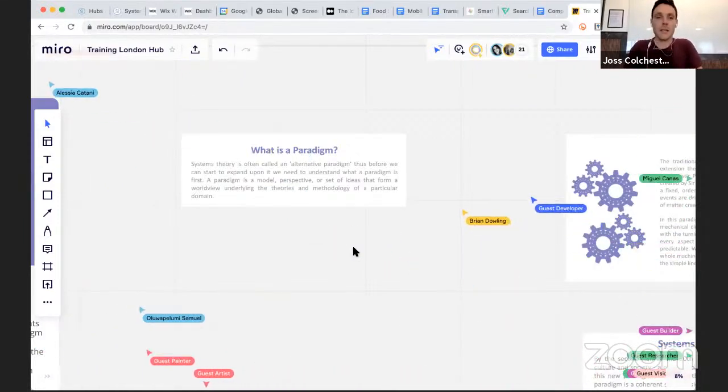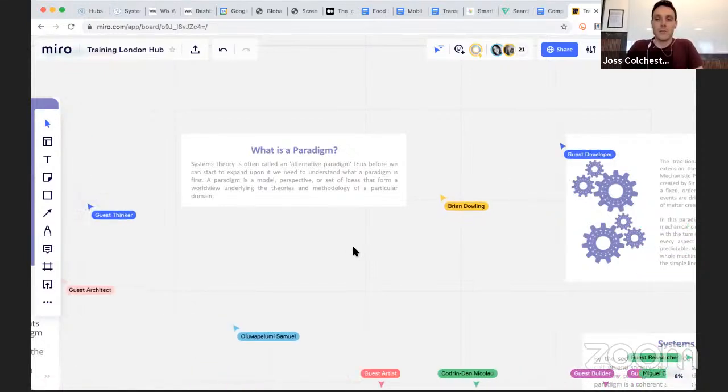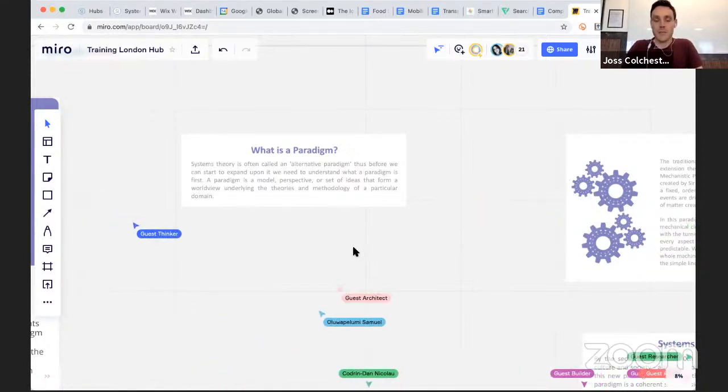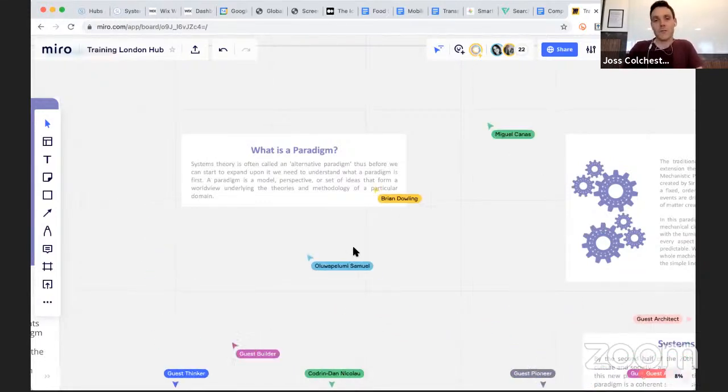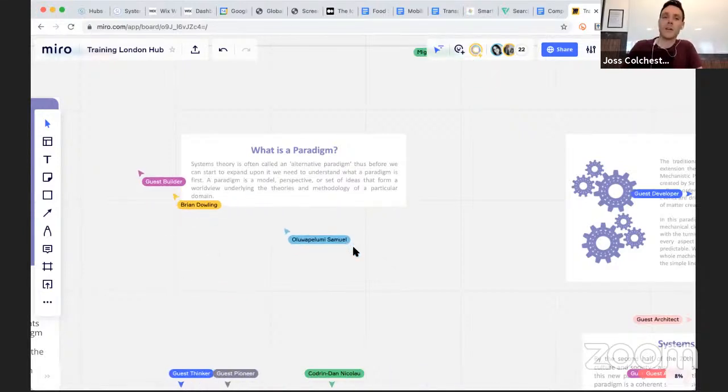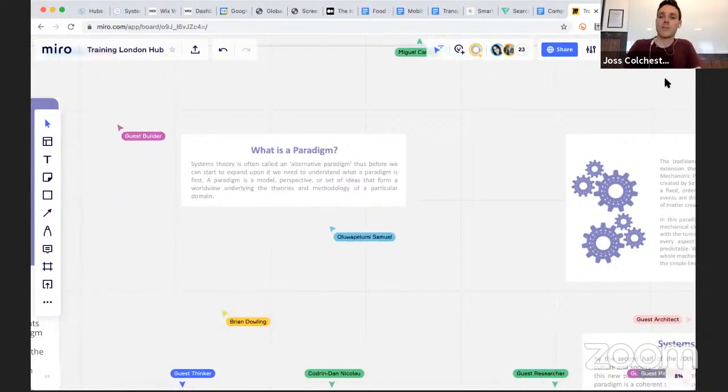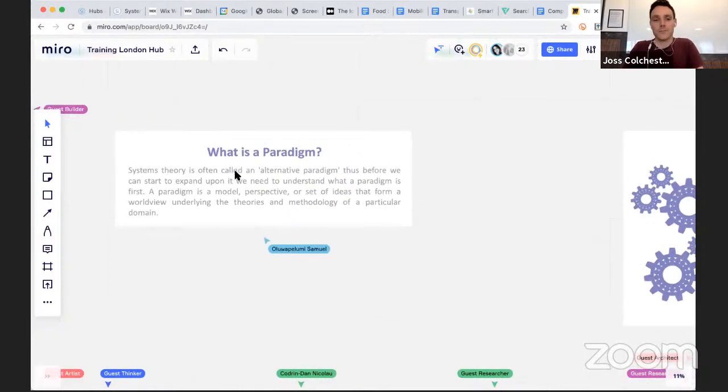But if we start from the beginning, we can think about systems thinking as a paradigm. It's a way of thinking, right? So systems thinking is about thinking, and it's about thinking in systems. So we can think about it as a way of thinking or a paradigm. A paradigm, we might say, is a worldview. It's a way of looking at the world.